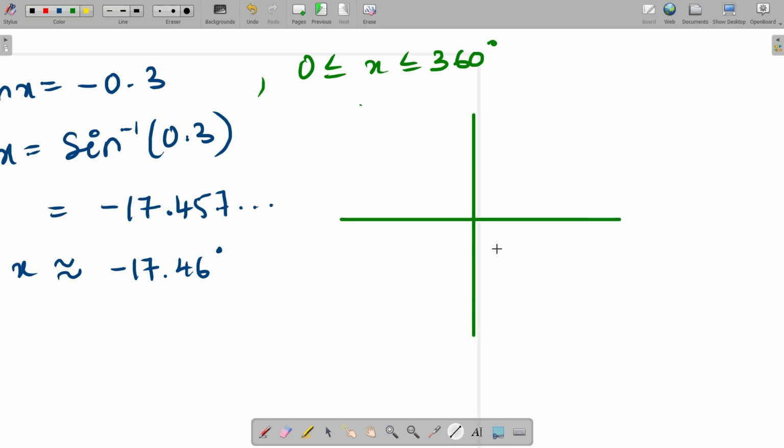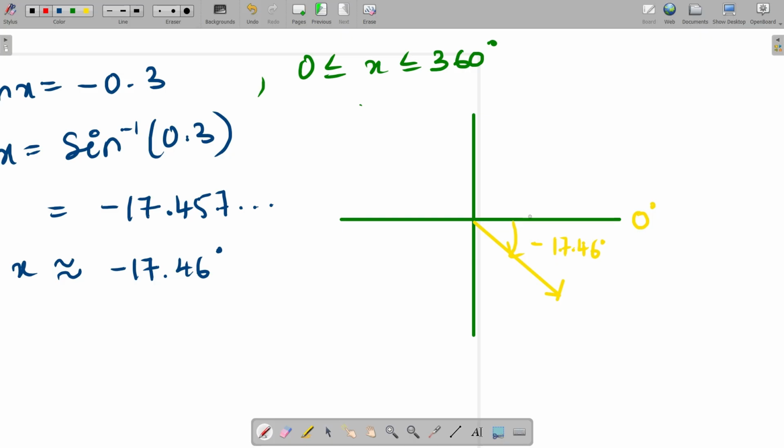That means we're talking about this angle, which is 17.46. But this is only possible when we measure the angle in a clockwise direction. But we do not measure the angle in a clockwise direction, we measure it anti-clockwise.